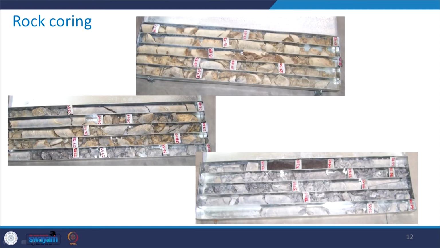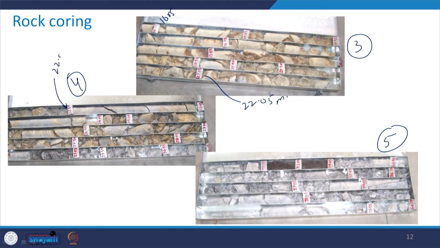See here, this is the third one, this is the fourth one and this is the fifth one. This is starting at 16.55 meter and ending here at 22.05 meter, and here this is 22.95 meter, and here it is 31.05 meter, and this is your 32.05 meter, and likewise this goes up to 40 meters.